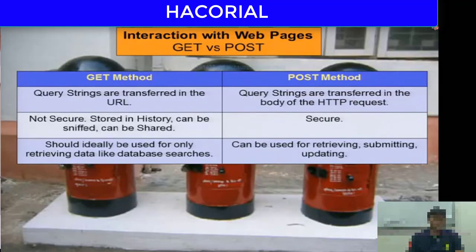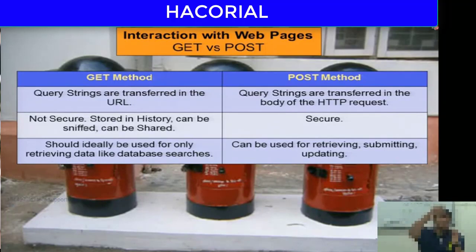In the get method, the query string data is transmitted as part of the URL itself. In the post method, the query strings are transmitted in the body of the HTTP request.